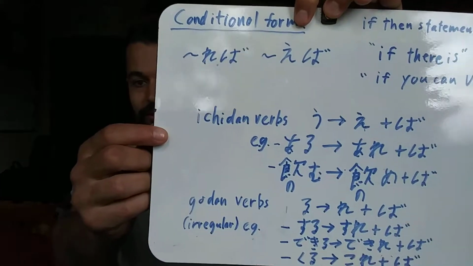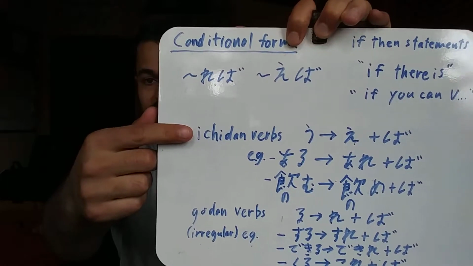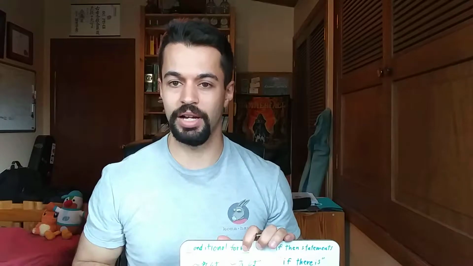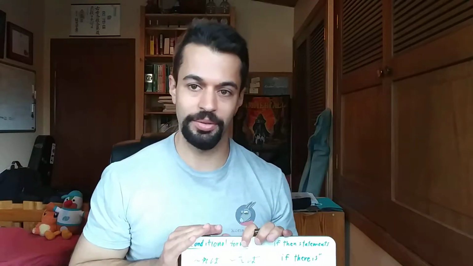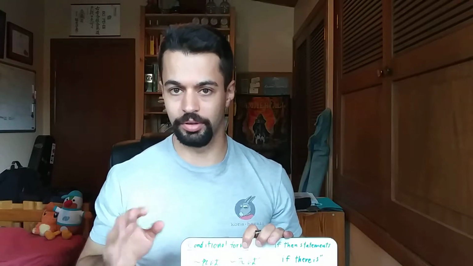So I've broken it down into the two types that you're going to run into mostly. So ichidan verbs, or sometimes people refer to these as vowel verbs. That's how my instructor called them, because it's just the a, i, u, e, o at the end of the verb, one of those 5 sounds.